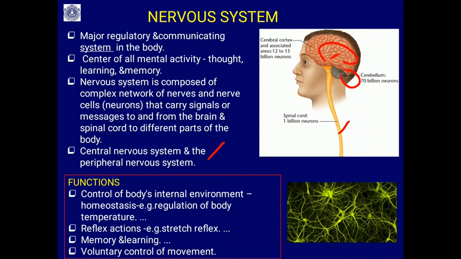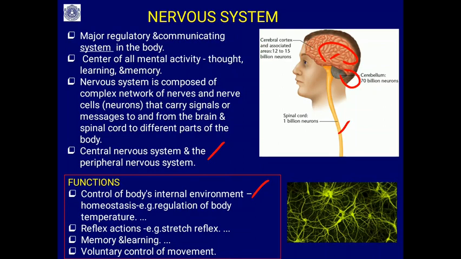What are the main functions of the nervous system? The nervous system controls the body's internal environment. It is a regulatory system. It controls all our activities, whether physiological activities inside the body, sensory activities, or locomotion. It also maintains homeostasis.